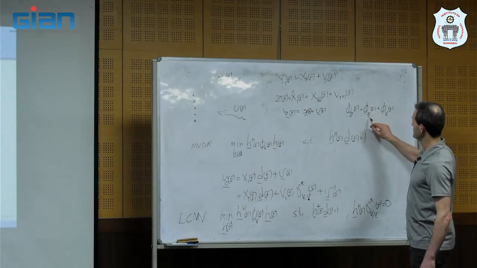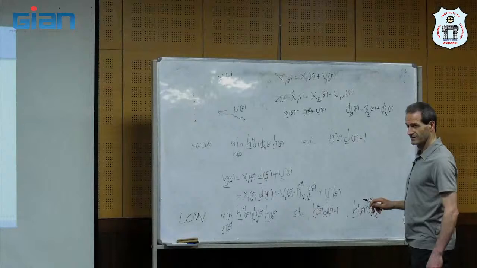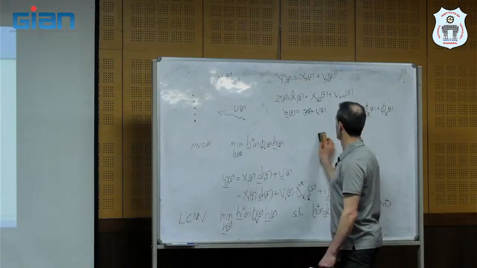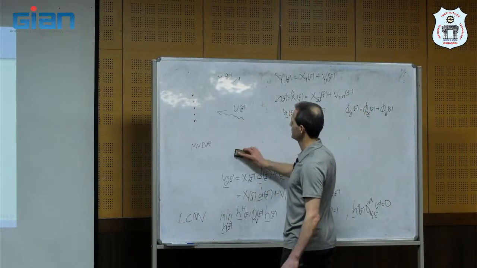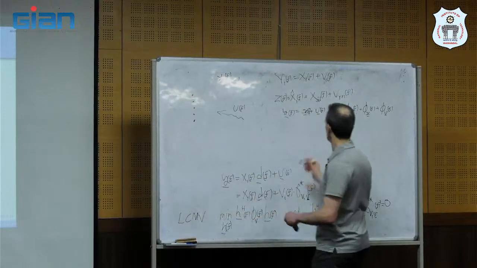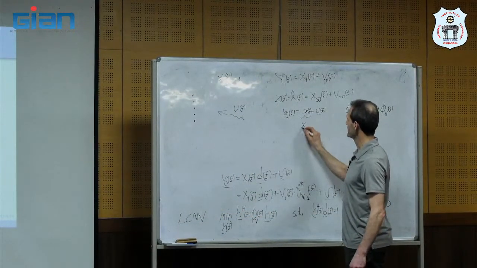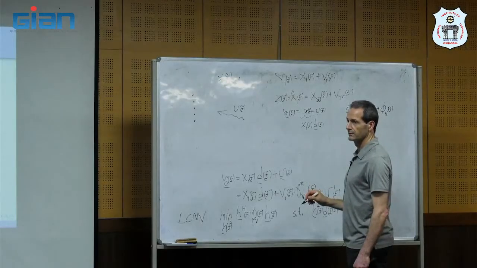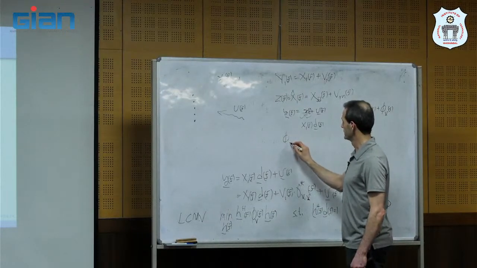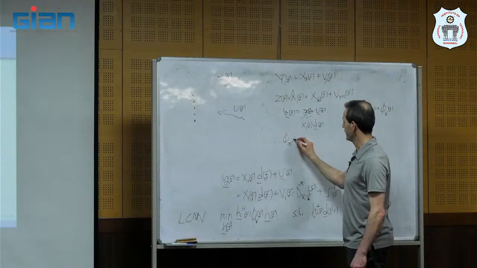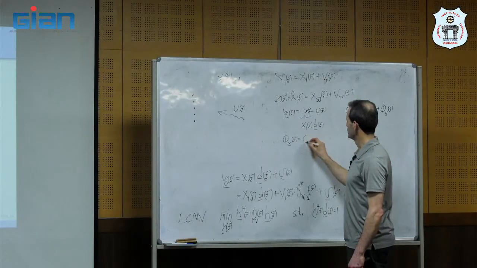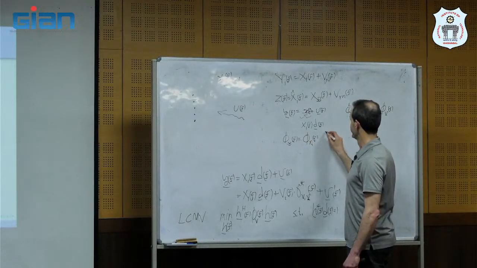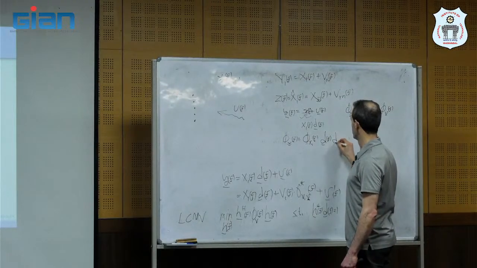But phi x, what is phi x? Okay, I'm going to remove this. We know that this part is x1f multiplied with df. So phi xf equals phi x1f, which is a scalar, df dhf.